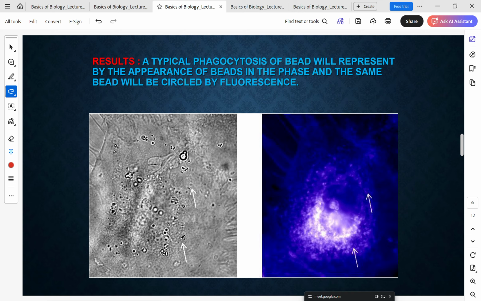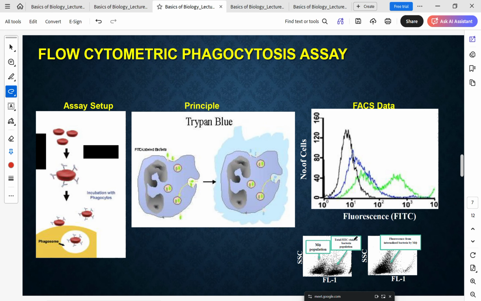So in the microscope, you can locate where the latex beads are, and then see if there is a halo around it with a blue outline. In that case, the beads have been internalized using phagocytosis.